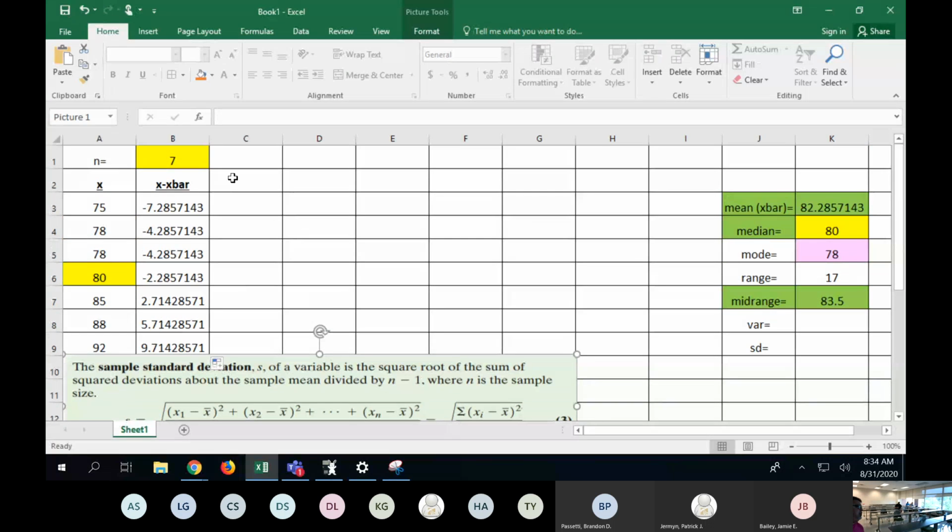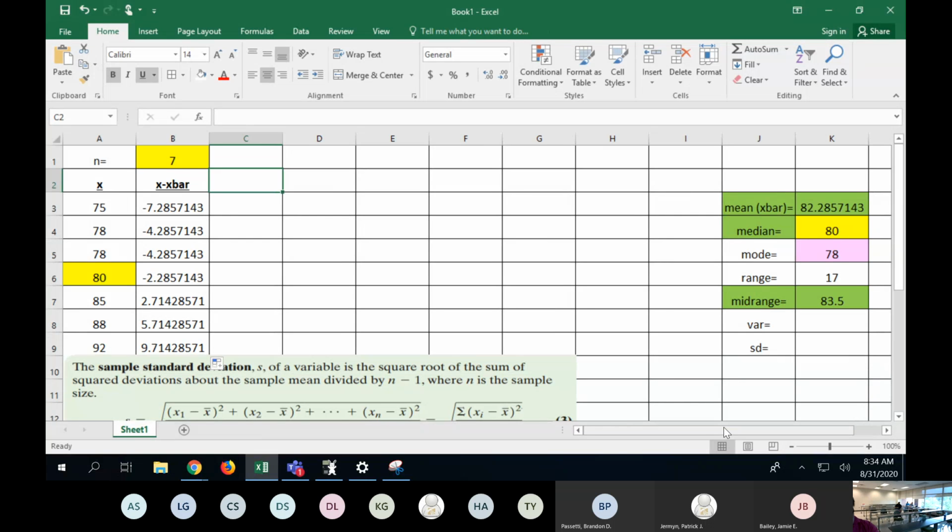So now I'm going to go X minus X bar quantity squared. I'm going to take that number and square it, and it's going to make it positive. Equals this raised to the second power.